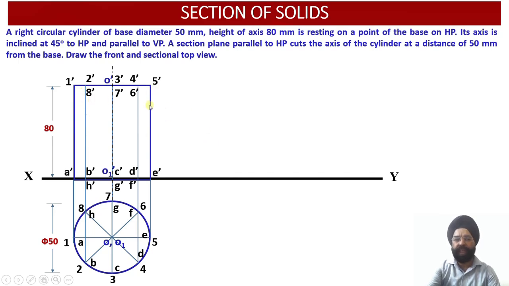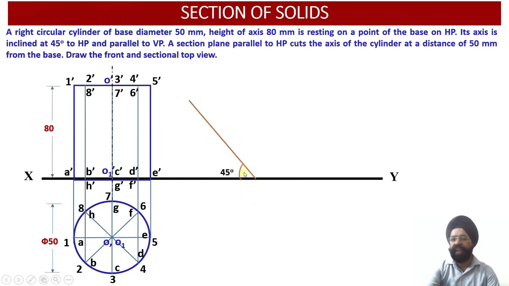Having obtained the front view of this particular cylinder, now I want to incline it such that the axis is inclined at an angle of 45 degree with respect to the horizontal plane. If the axis is inclined at 45 degree, obviously the base will also be inclined at an angle of 45 degree.